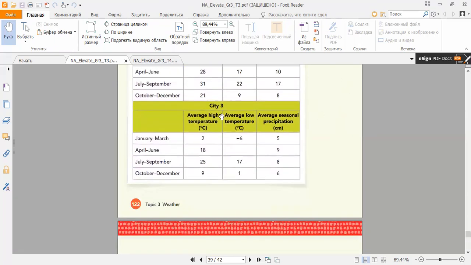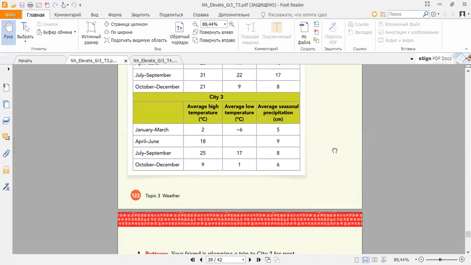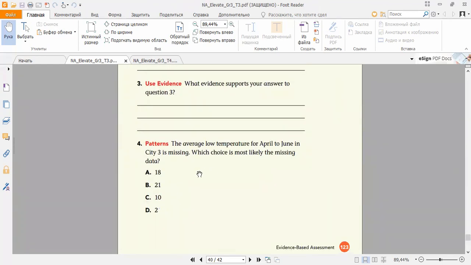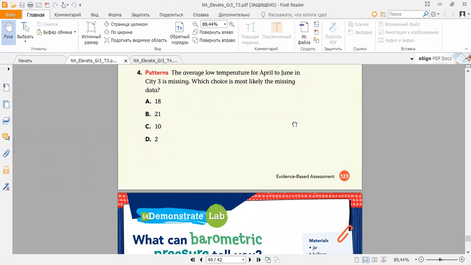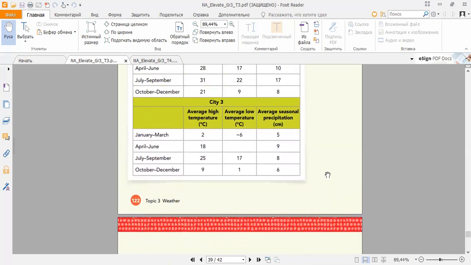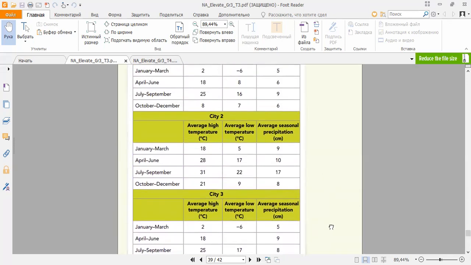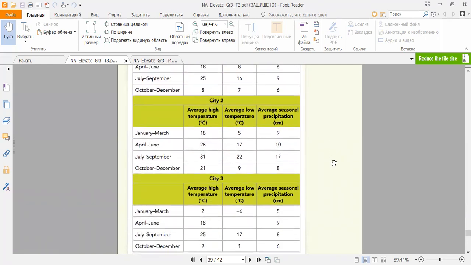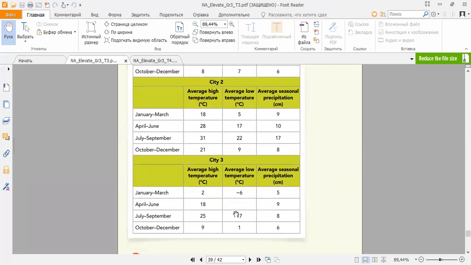And the fourth question: city 3 has one box missing. The data in one box is missing. We are asked to choose the appropriate number between 18, 21, 10, or 2. So what does it mean? We know that city 1 and city 3 are similar in their data.